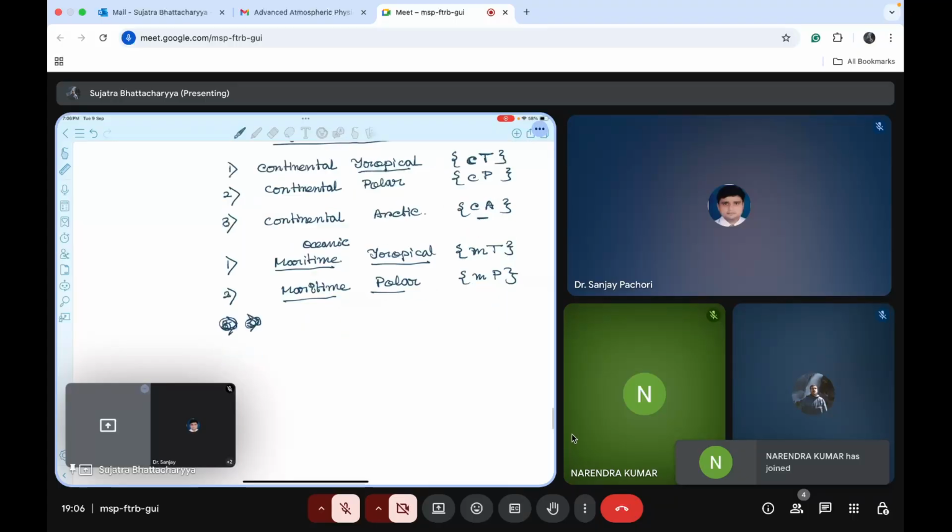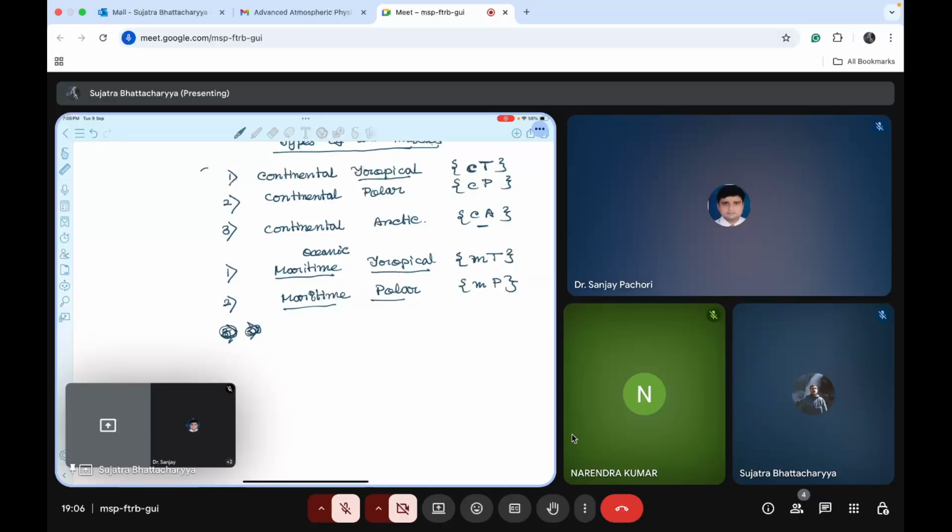Right? So, what is a typical feature? Continents are generally dry, but maritime is ocean, so these are wet. This is a general feature of these air masses. And what about the temperature?